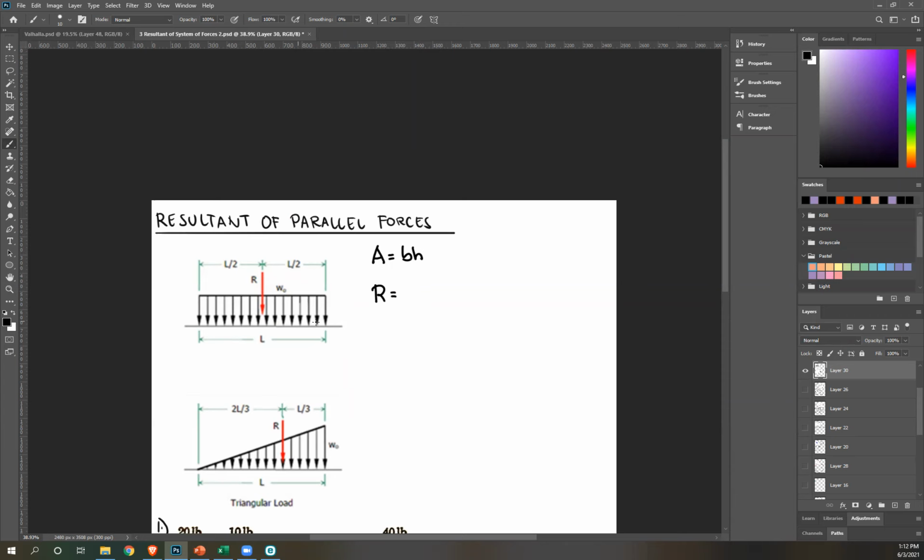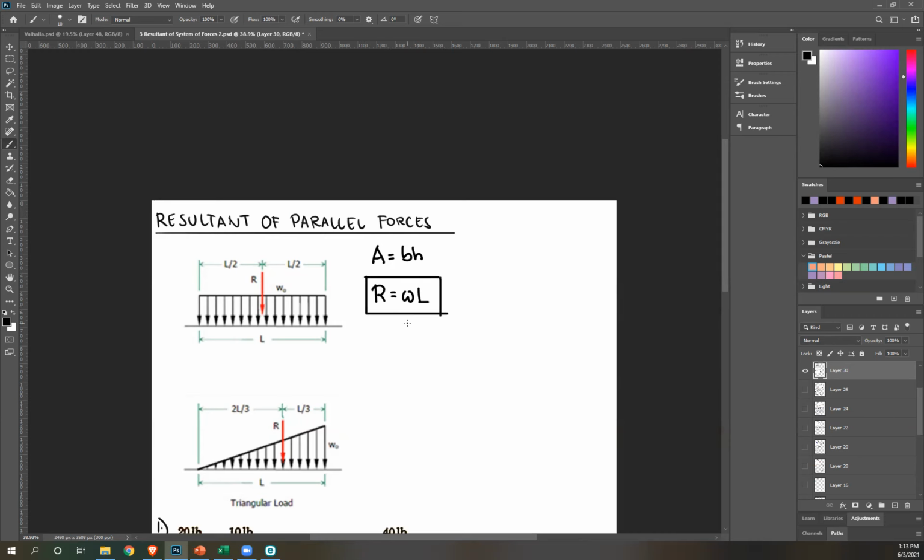Base is this L, height is denoted by this distributed weight W sub O. So when you see something along the lines of, let's say 10 kilonewton per meter, that is the unit of your distributed load. So that is the value of your height. Or if it's indicated, that's also your W sub O. So L times W sub O is the equation for your resultant, or it's more commonly written as your uniform load times base L.